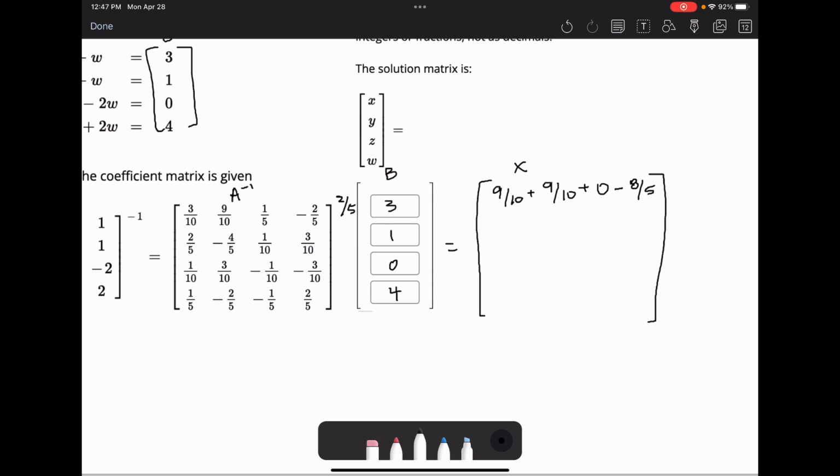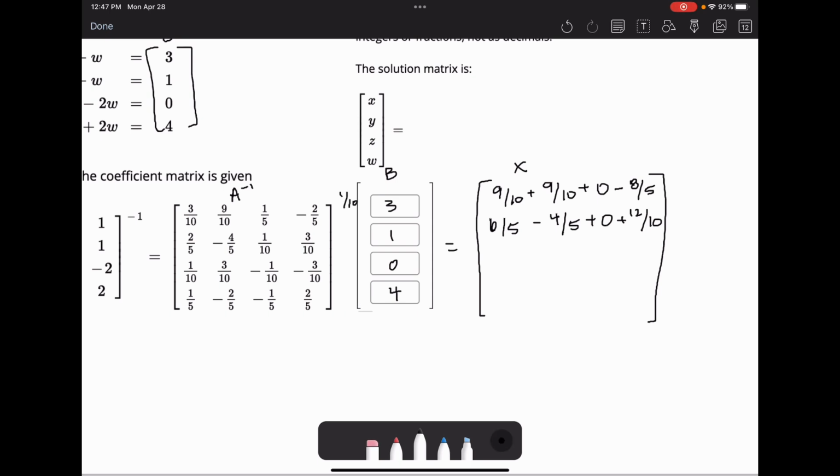So this is 2/5, negative 4/5, 1/10, and 3/10. Do you remember how to multiply fractions? You just multiply the numerator of this one times this number, and the denominator stays the same. So this would be 6/5 minus 4/5 plus 0 plus 12/10. Like I said, I'm going to simplify all of this in a minute because I'm just going to get it all written down.